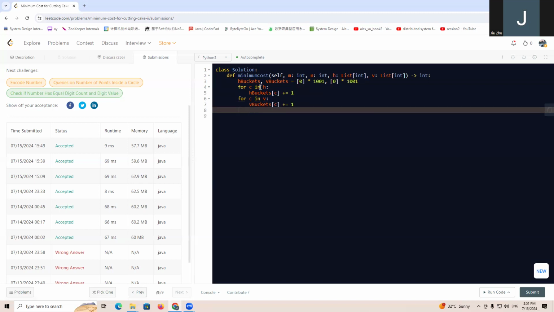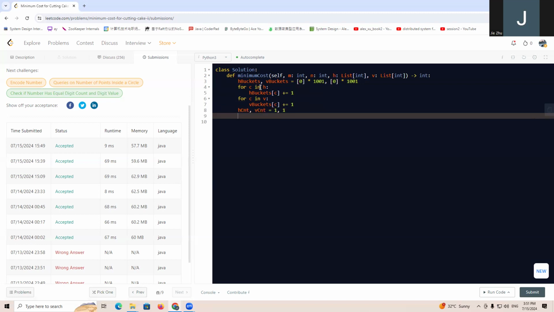And we have each part in H count and V count. Initially, they are set as 1 and 1. So for i in range from 1000 to -1, or 0, both should be fine, because the cost 0 will not add to total cost.